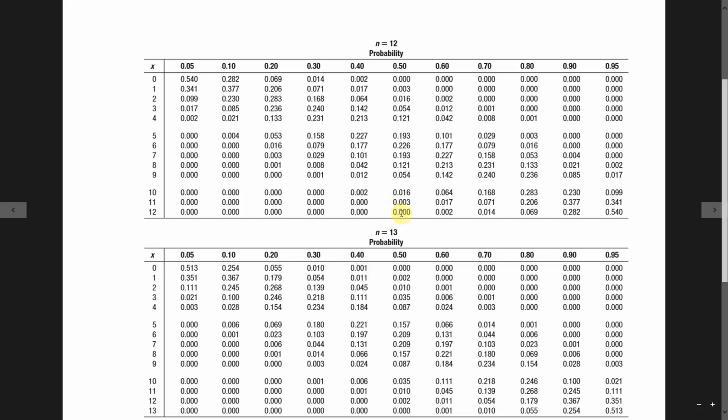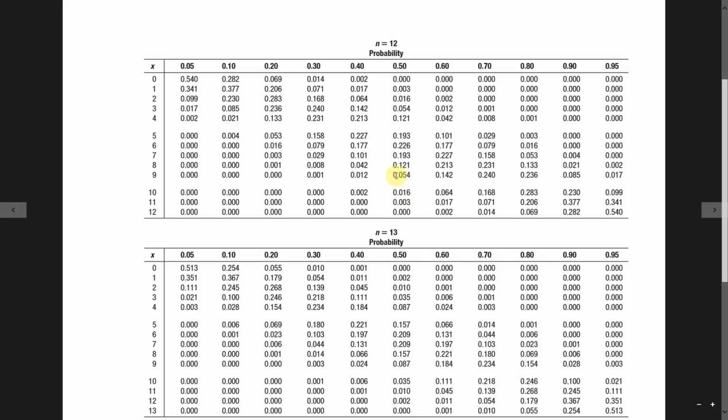What we want is a cumulative probability that is less than our significance level. Let me show you what I mean. At 12, the probability is 0. At 11, it's 0.003. I add that to 10, where it's 0.016, and together it's 0.019.